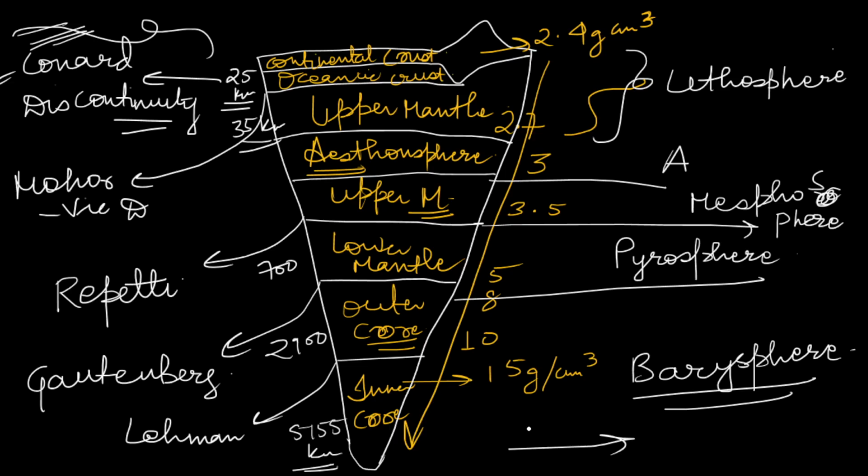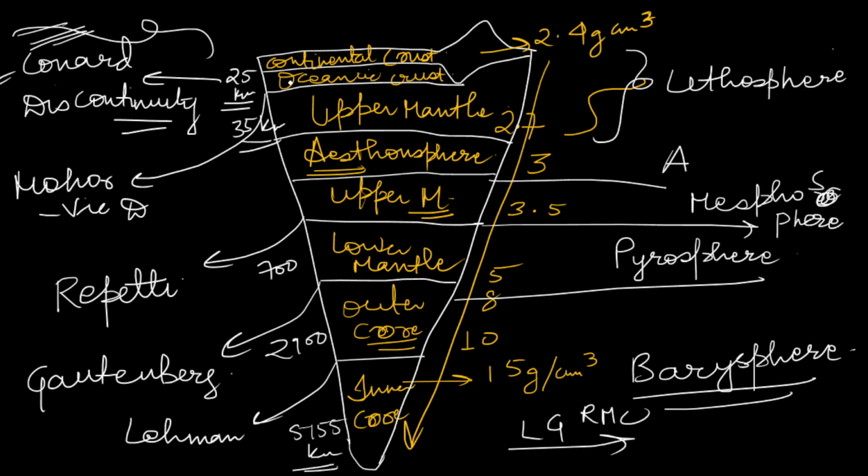From down to up it is LGRMC. And remember that Lehmann is between inner and outer core. Gutenberg is between outer core and lower mantle. Repetti is between upper mantle and lower mantle. Then Mohorovicic is between oceanic crust and upper mantle, and Conrad is between continental crust and oceanic crust. So please remember this, it is very important.